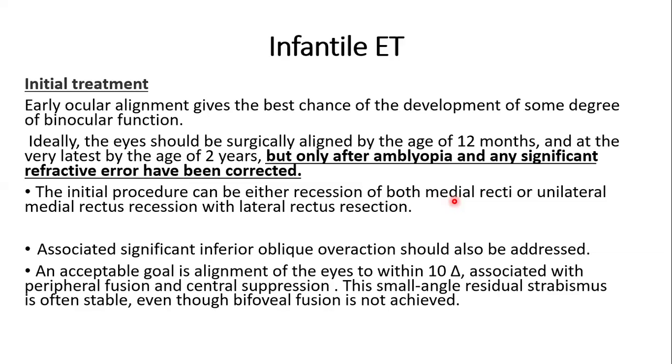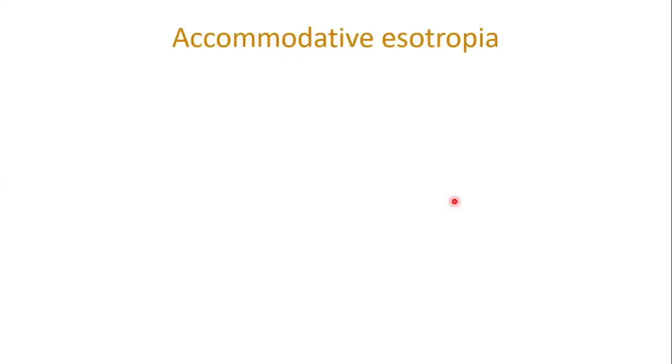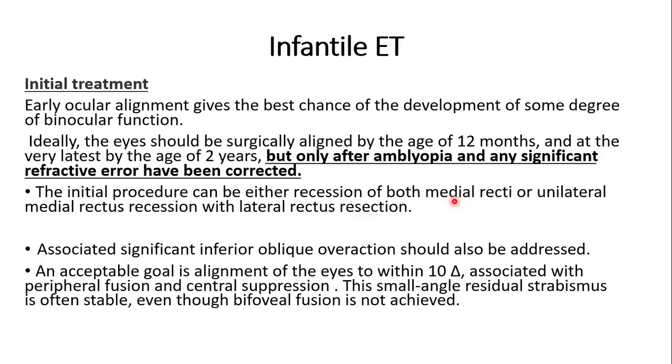The third school is the late school. That one now, it's not very popular, that you should wait until after 2 years, then you do the surgery. That is not acceptable much now.